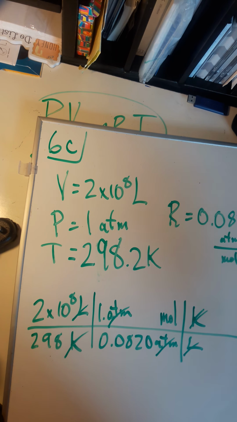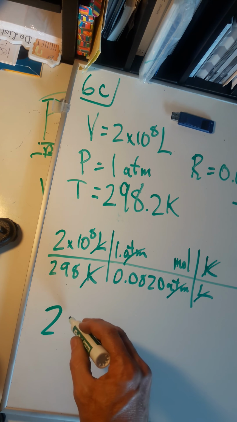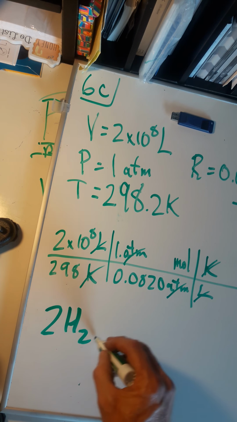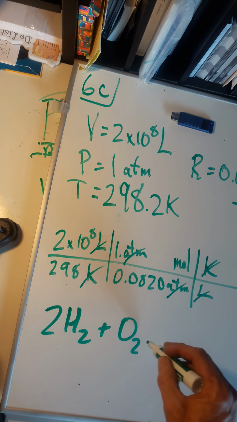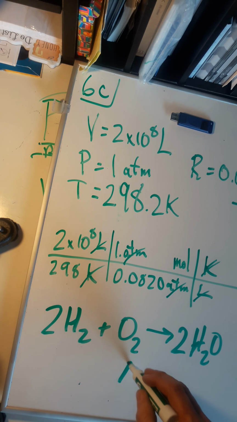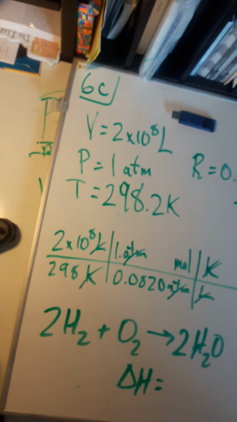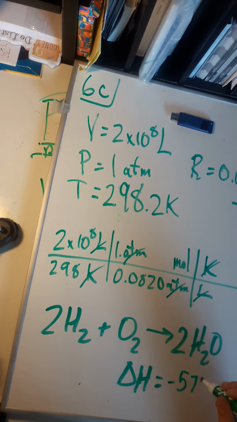Now we can look at our chemical equation, which is 2 moles of H2 plus 1 mole of O2 gives us 2 moles of H2O, and it has a change in enthalpy, an amount of heat, of negative 572 kilojoules.